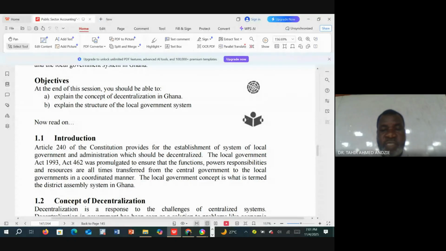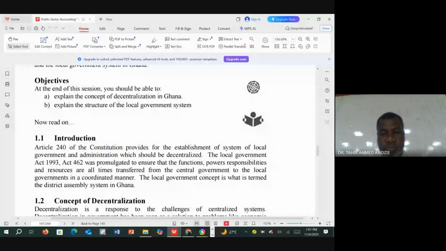So the reason for the creation of the local government, and this was done in 1993 by Act 462, was to ensure that these functions, powers, responsibilities, and resources are at all times transferred from the central government to the local government in a coordinated manner.